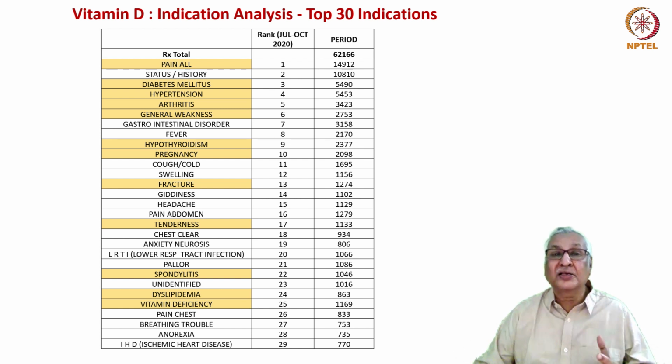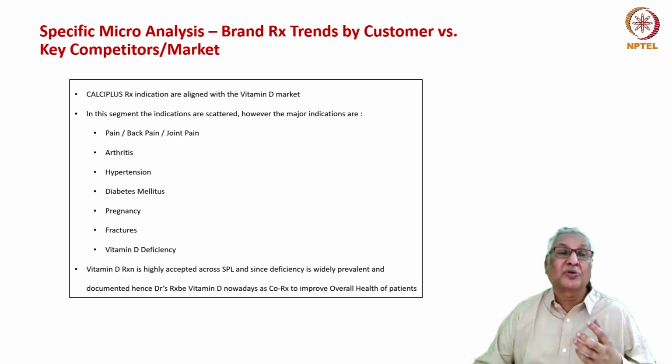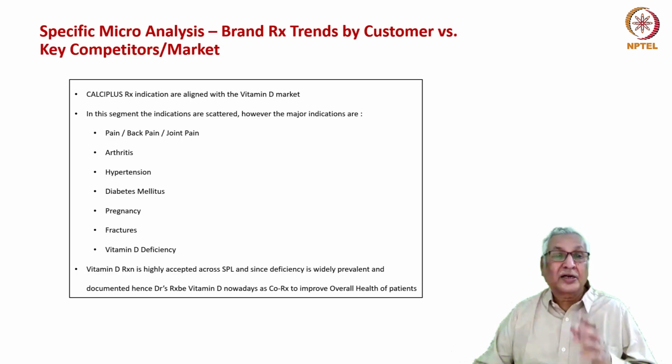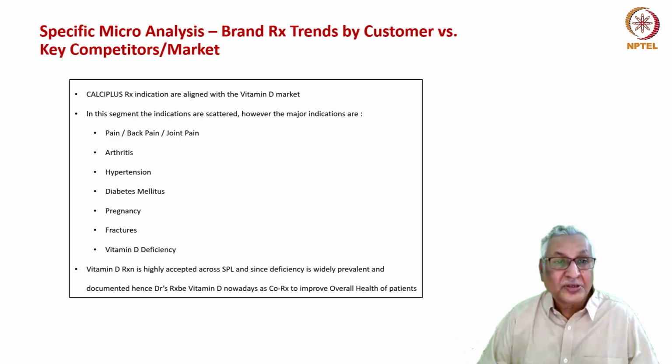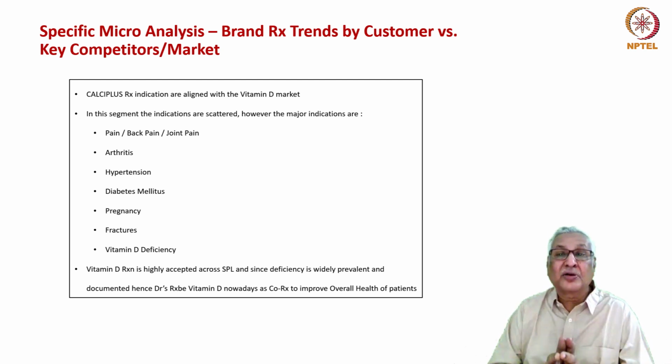These are the high ranking indications for a vitamin D3 supplementation. So that's important again for doing a correct positioning of your product. Then you do a specific microanalysis. What are the brand prescription trends by customer vis-a-vis key competitors and market? And you make sure that your indications are aligned with the overall requirements of the vitamin D market.